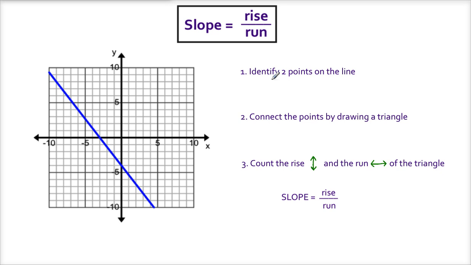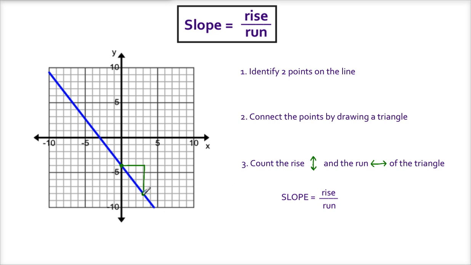Here's the steps. Identify 2 points on the line. Here's a good point, and how about this one right here? Okay, draw the 2 points with a triangle connecting them, and then count the rise and the run.